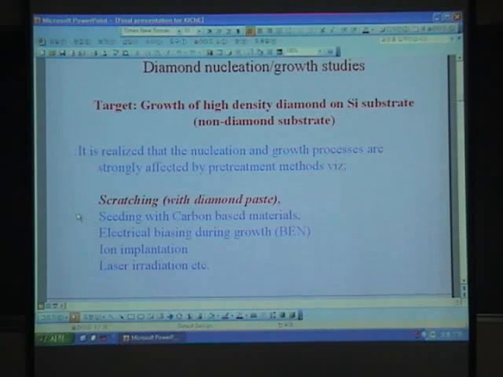So it creates some sites for nucleation. And also by this scratching there is one disadvantage. It creates mechanical damage on the substrate.